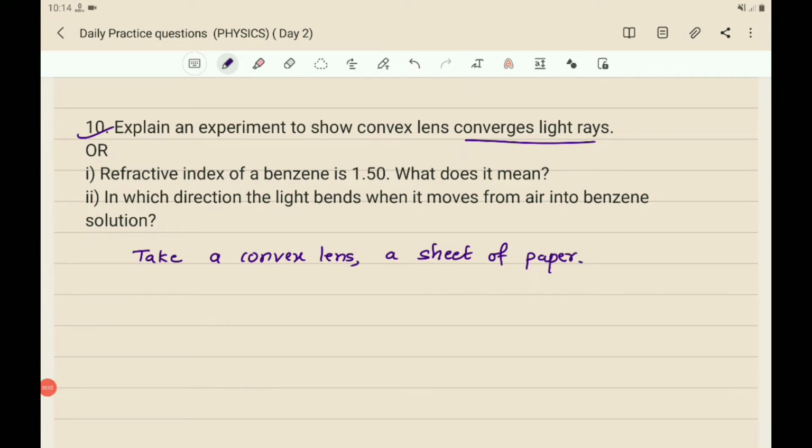To show that convex lens converges light rays, these two are enough, convex lens and a sheet of paper. So what you have to do here? Hold the convex lens in the hand, direct it towards the sun.